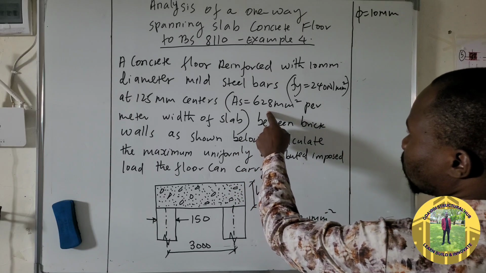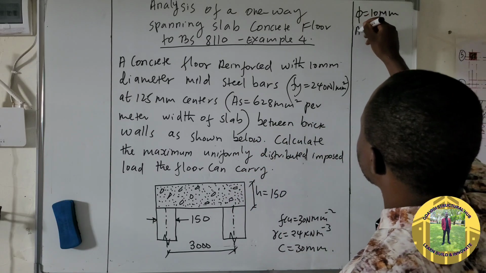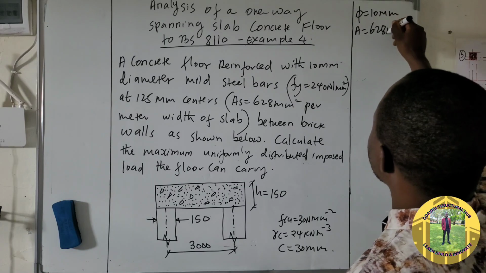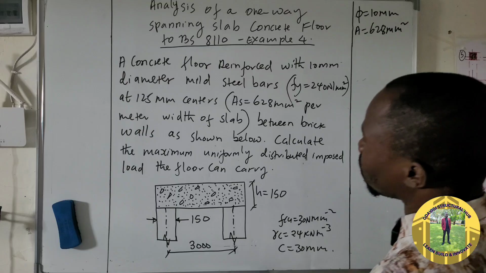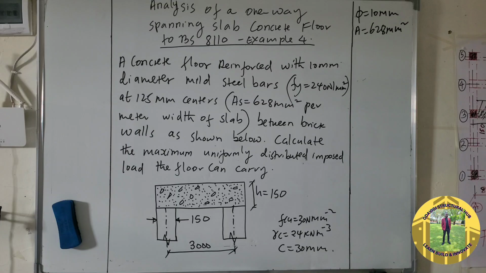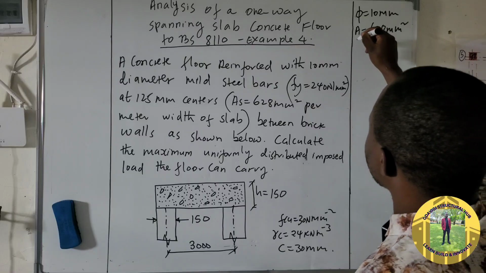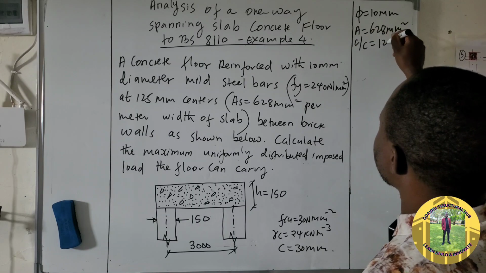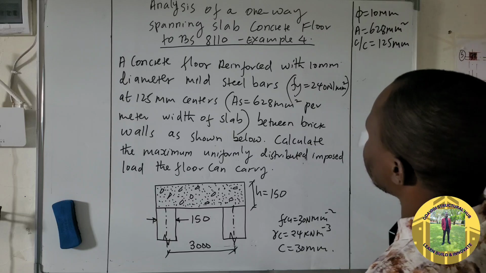The area of the steel is equal to 628 millimeter square, and the distance from the center of one steel to the center of another steel is 125 millimeter. So center to center distance of the steel is 125 millimeter.